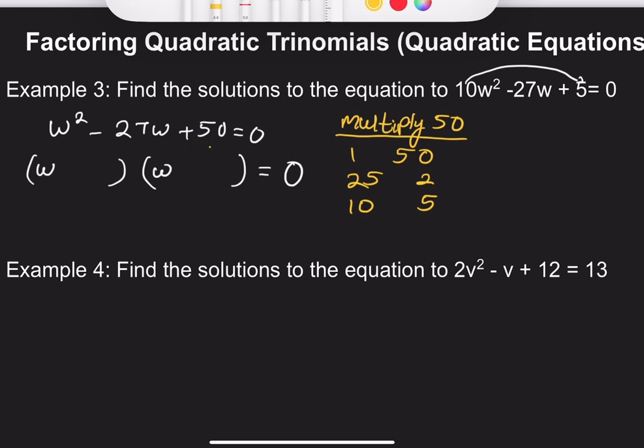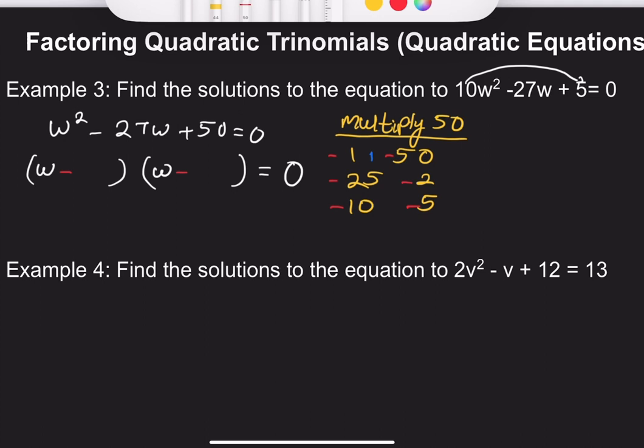Because we're multiplying to a positive number, but adding to a negative number, both terms must be negative. Negative times a negative is a positive. And when you add two negative numbers together, the number is still negative. So make all these negative.